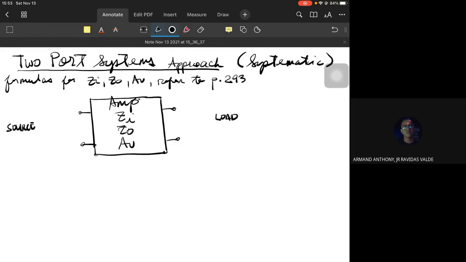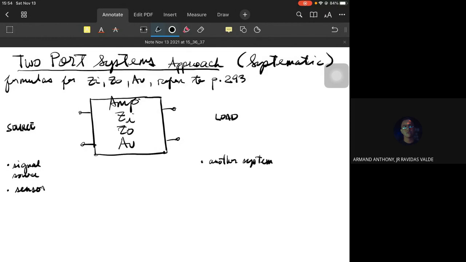One specific example of a source could be a signal source. Or it could be a sensor. We connect our sensor here. The load could be another system, possibly another amplifier.